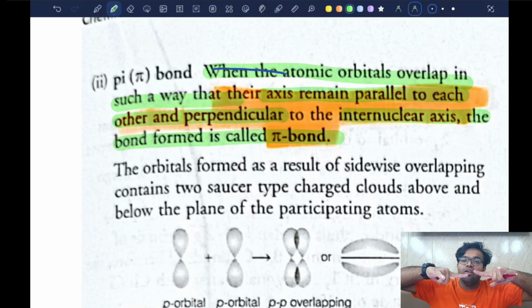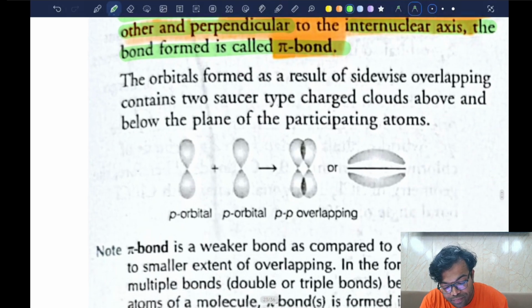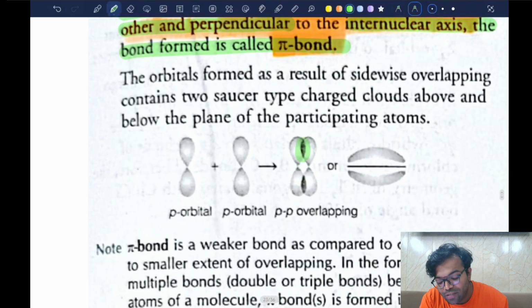Again, look at me. This can be the px and this can be the py. So another orbital is here. So what can you do? You can have the px overlap sideways. There is a sideways overlap that is possible. Here also the py can have a sideways overlap. This is known as a sideways overlap.